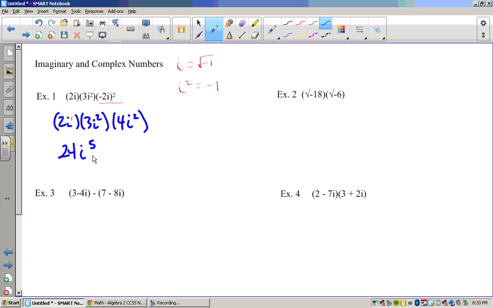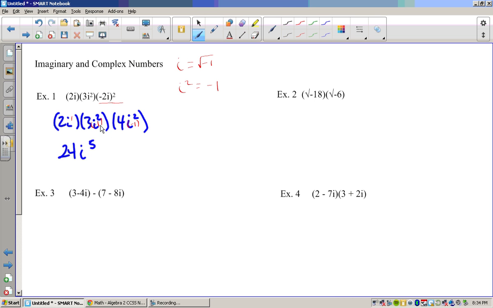That's all fine and dandy, but we can simplify it, because I know every i squared that I have is equal to -1. If I think about what makes up i to the fifth power, I look right above it and I have 2 i squareds. That means there are 2 -1s in that piece.